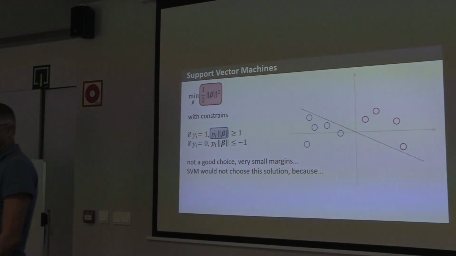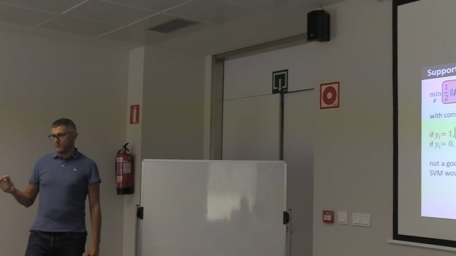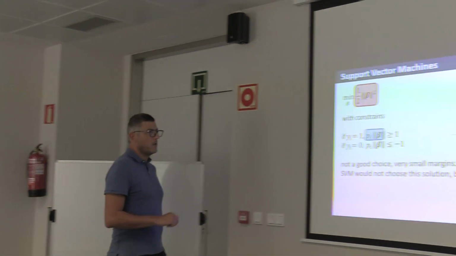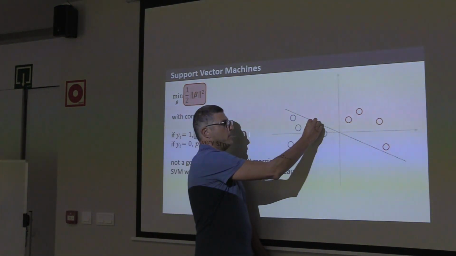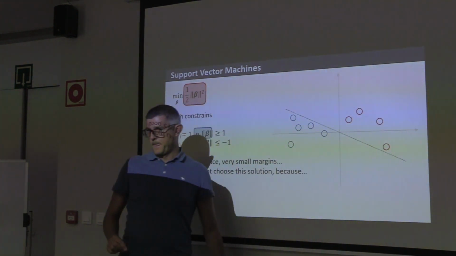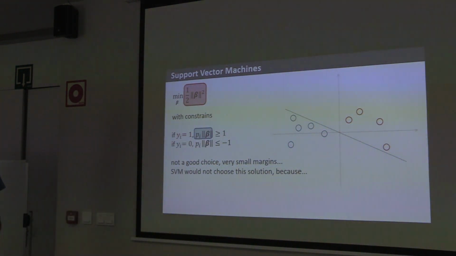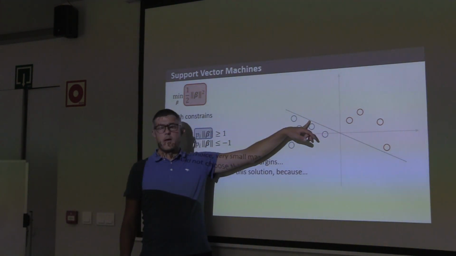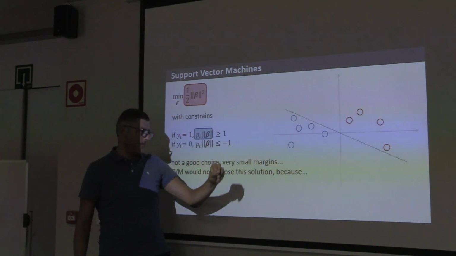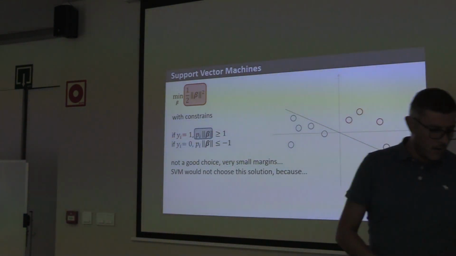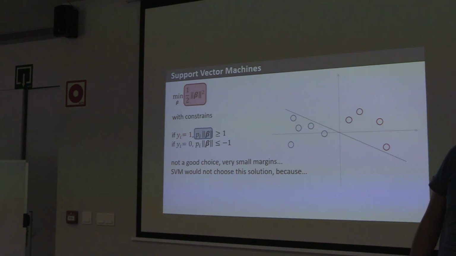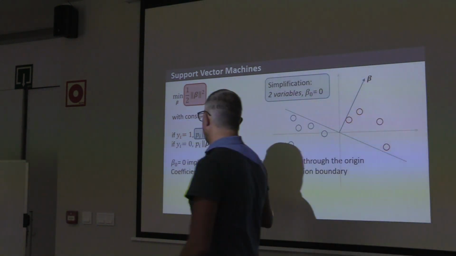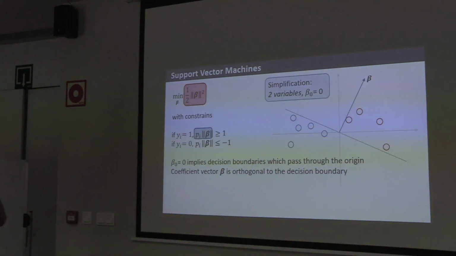This class boundary, you can see, is not a good solution, because here you have a very small margin. In fact, this will not be the solution found by support vector machines. Why? First, here we have just 2 variables.